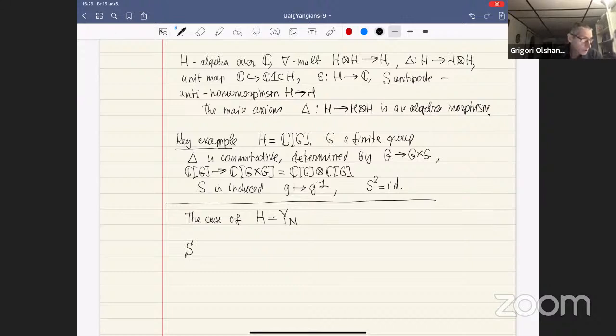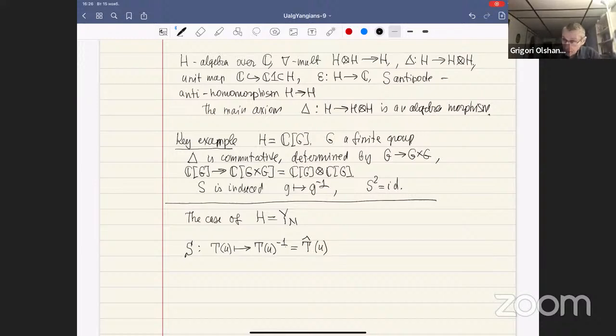The definition is as follows, in the matrix notation. What does this mean? Let's denote this as follows. So this is a matrix valued generating series.